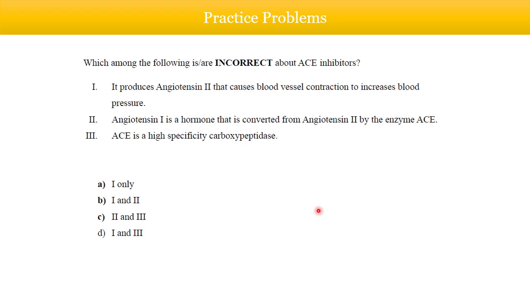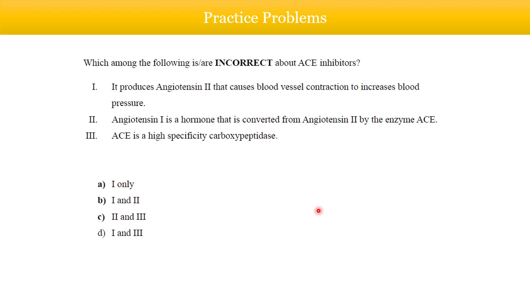ACE is angiotensin converting enzyme, a metallopeptidase. Mostly it's a dipeptidyl carboxypeptidase known as kininase 2. It cleaves the dipeptides from the C terminus of the substrate such as angiotensin 1 and bradykinin.